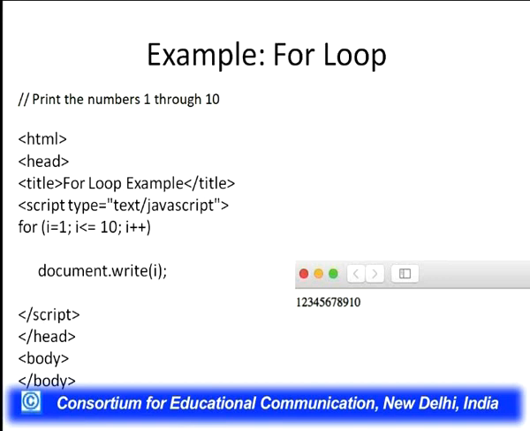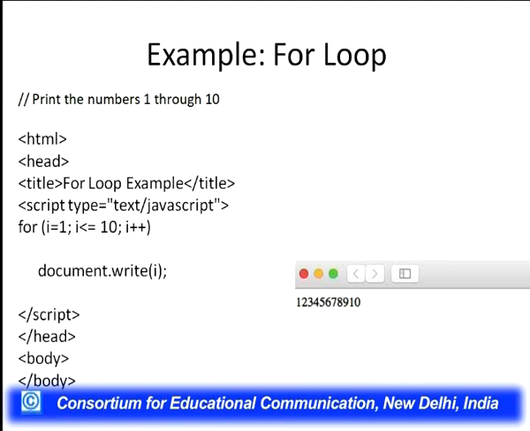You can see that the loop executes this way: initially the value is 1, so it prints 1, then the value is incremented and becomes 2, which is again checked against the condition. Since the condition is true, this will go on till the value of I becomes 11.